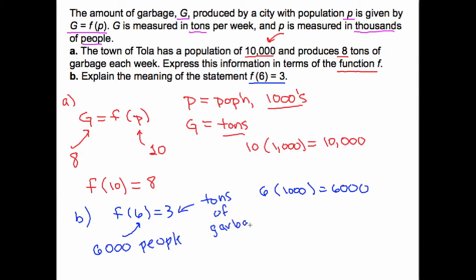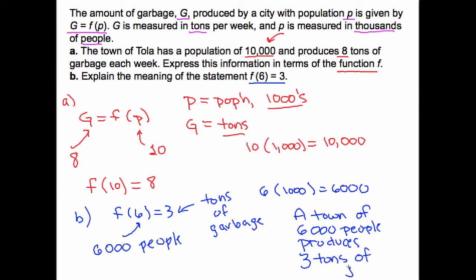So if I was going to interpret the meaning of this statement, I would say a town of 6,000 people produces 3 tons of garbage.